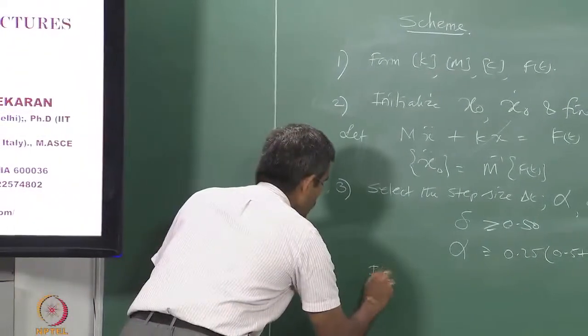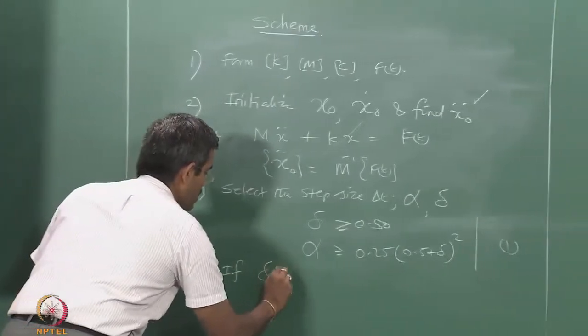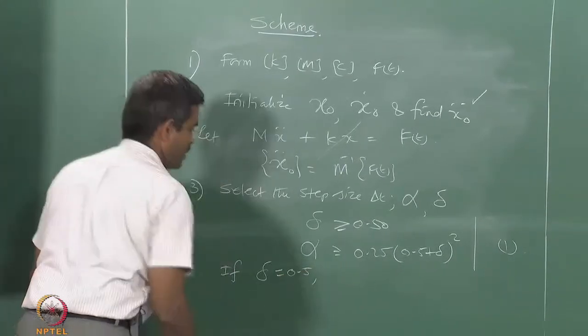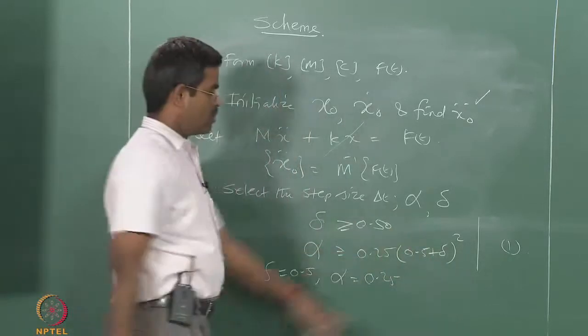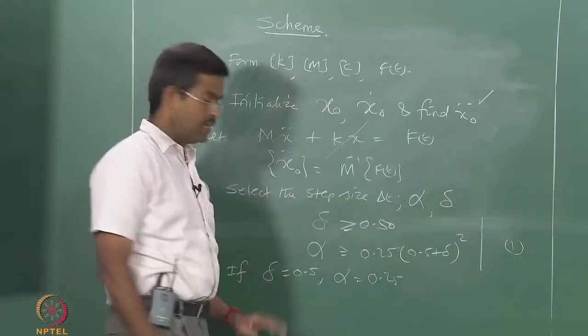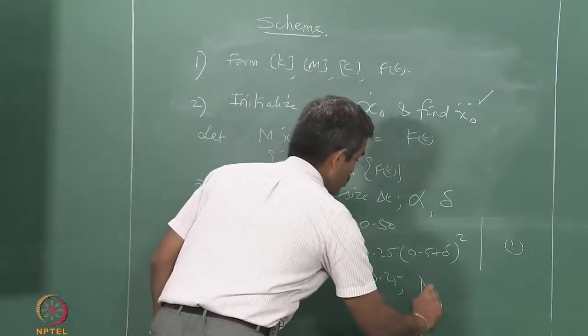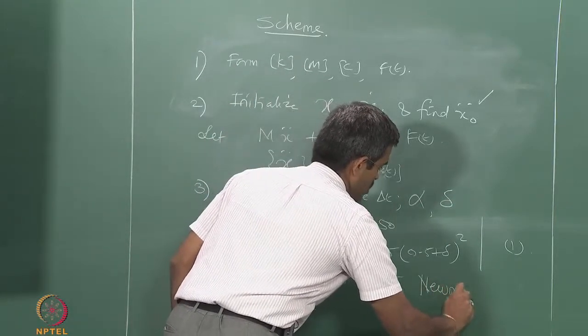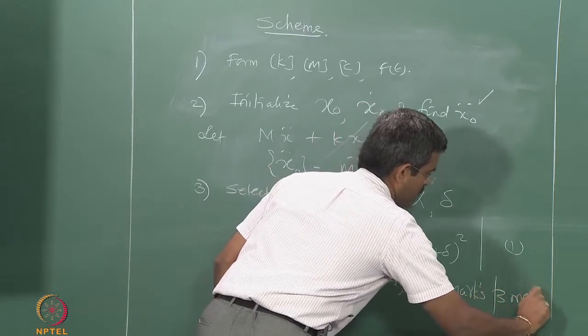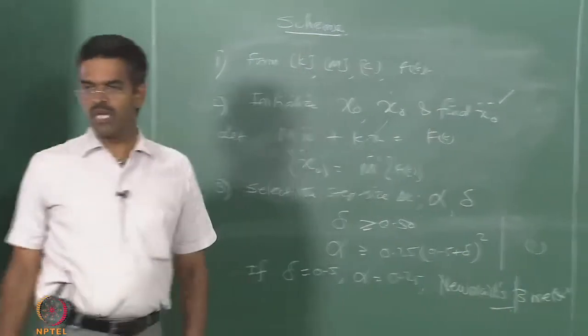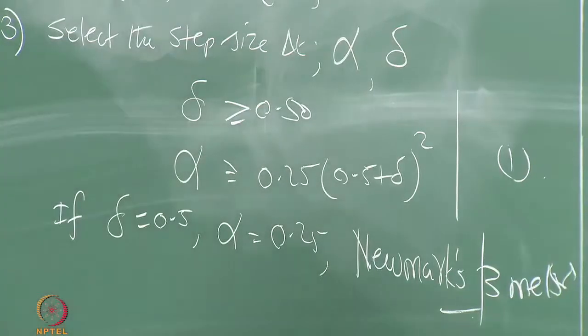If delta is taken as 0.5, alpha will become 0.25, as you see here, it is going to be 0.25 times 1 square, and then the scheme is called Newmark's beta method. The scheme is renamed as Newmark's beta method.